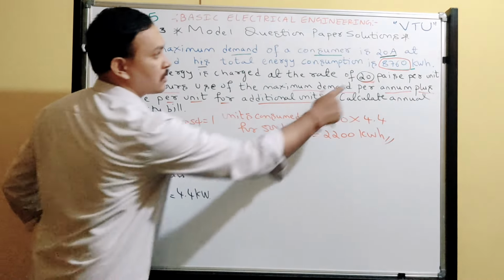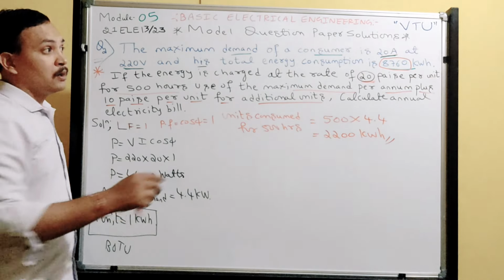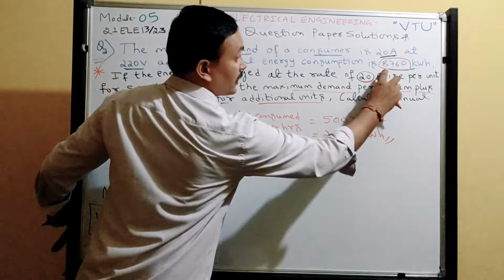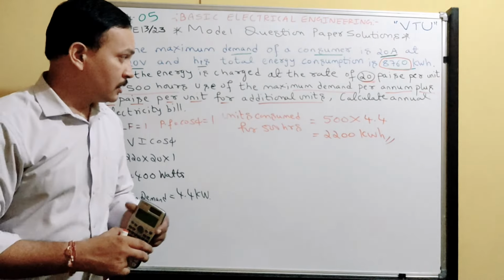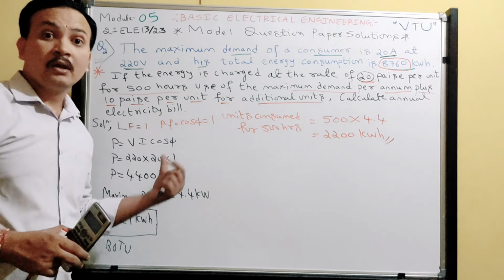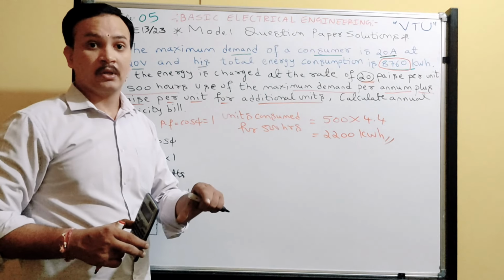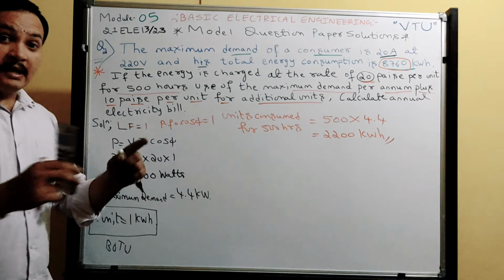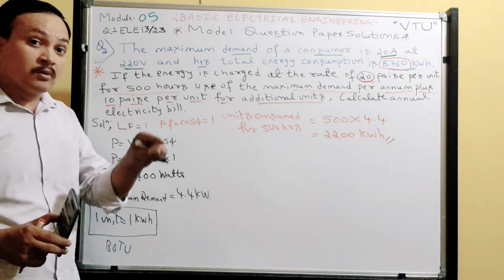For 1 unit, the cost is 20 paise. And what is the total energy consumption? 8760. Out of 8760, 2200 is energy consumption under maximum demand only. Then what about the remaining? In a year there are 8760 hours, and 500 hours are operating at maximum demand.